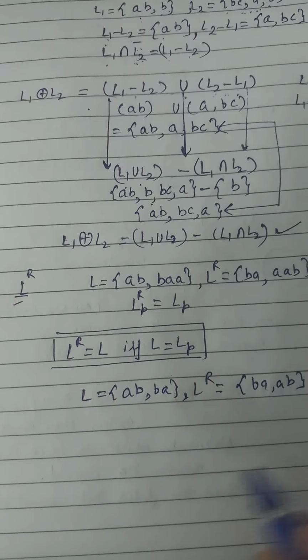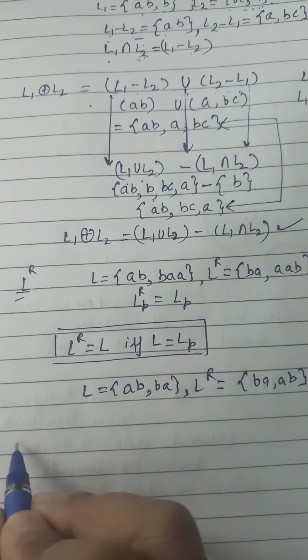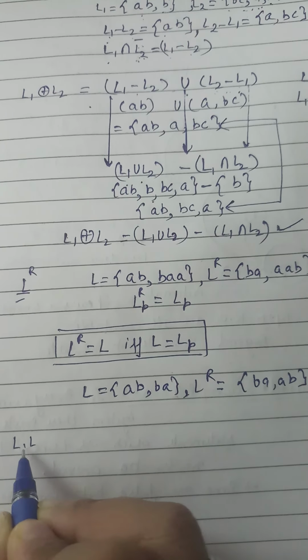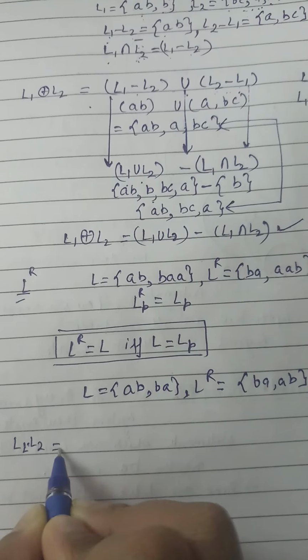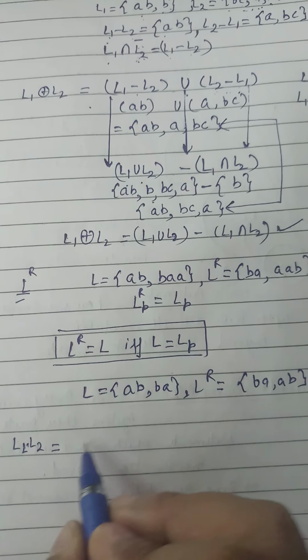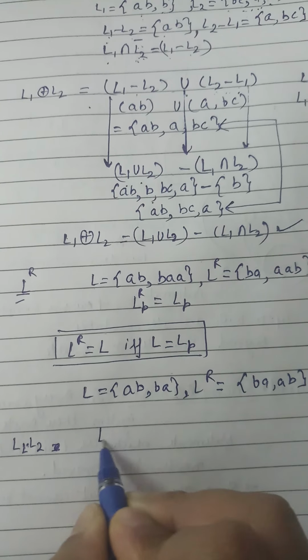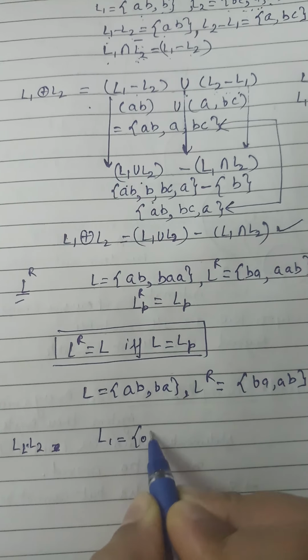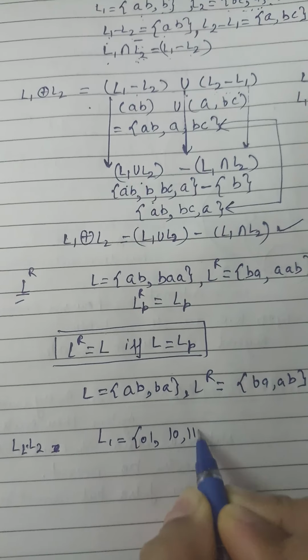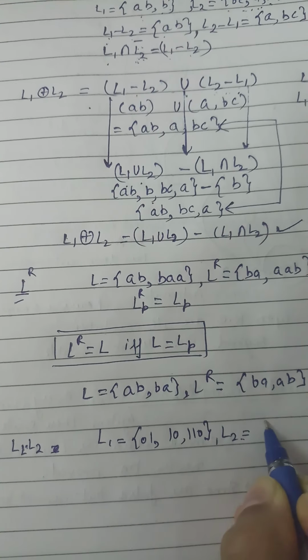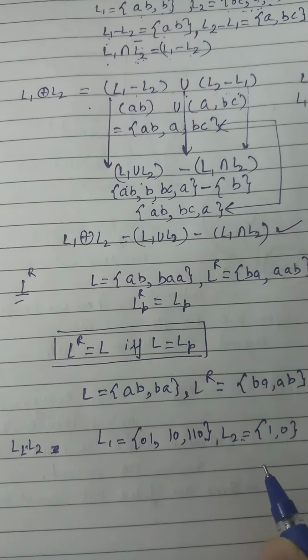So now come to the concatenation, L1 dot L2. Suppose we have L1 is equal to {0, 11, 011, 0} and L2 is equal to {1, 0}.